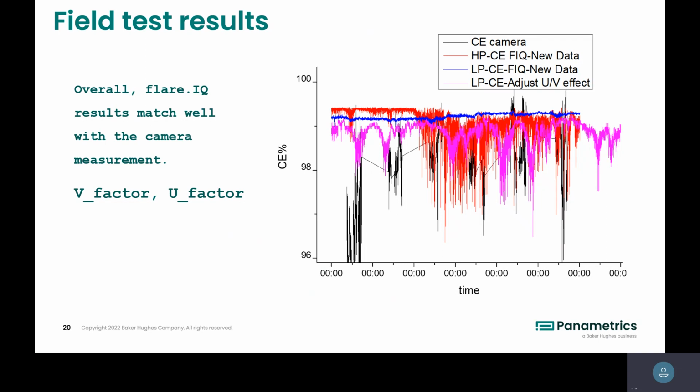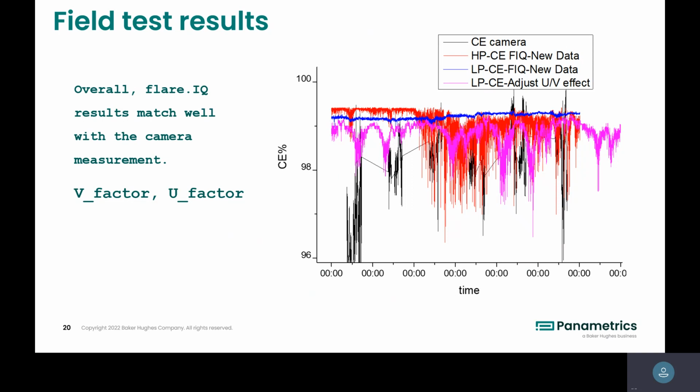I won't say Flare.IQ is more accurate than the camera, but the fact is it's very difficult for the camera to image at a certain angle when the wind is that strong. For the rest of the few days, they are in pretty good agreement.